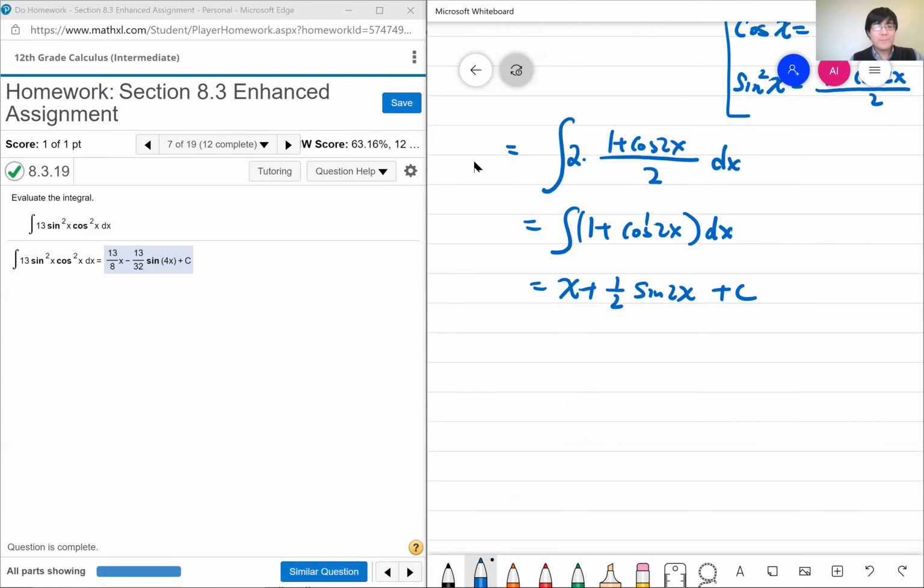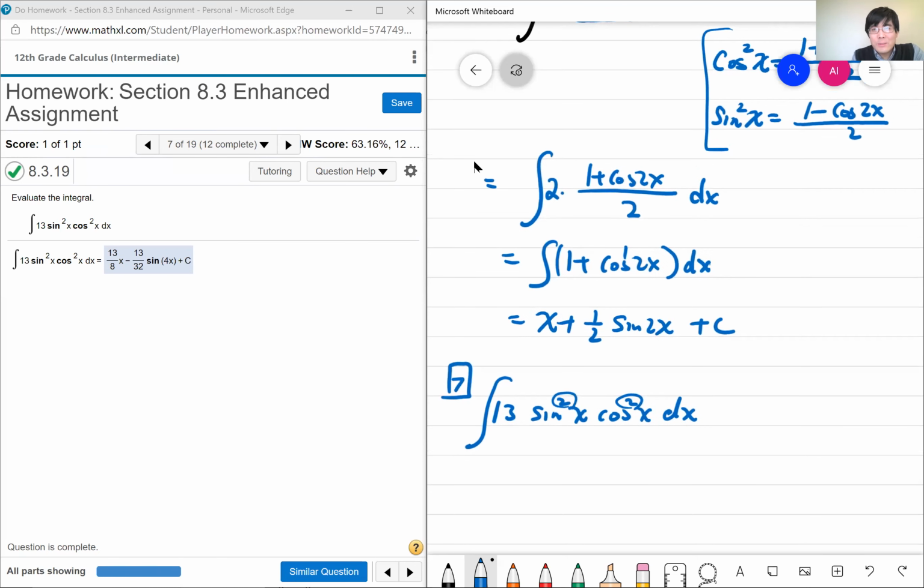Okay, next one, number 7, is integral of 13 sine square x cosine square x dx. So now you have both of them even. So we are going to use this formula to simplify.